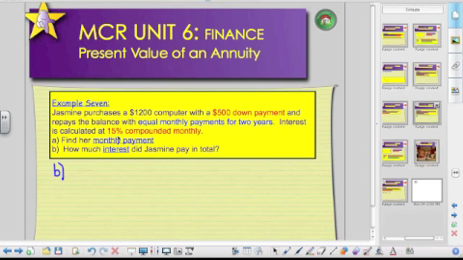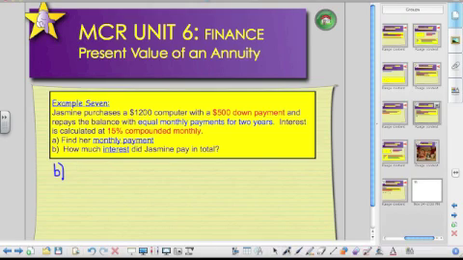Part B of example 7: how much interest did Jasmine pay in total? This is going to be a little different from what we did last time. Let's set that up first. Interest is going to be equal to, now last time we had the final value, but we don't know exactly what the final value is.